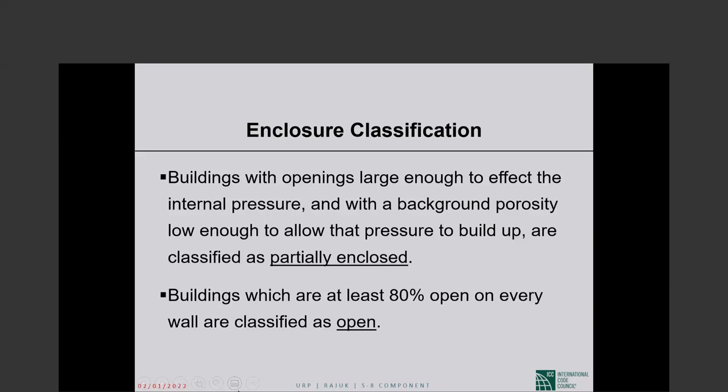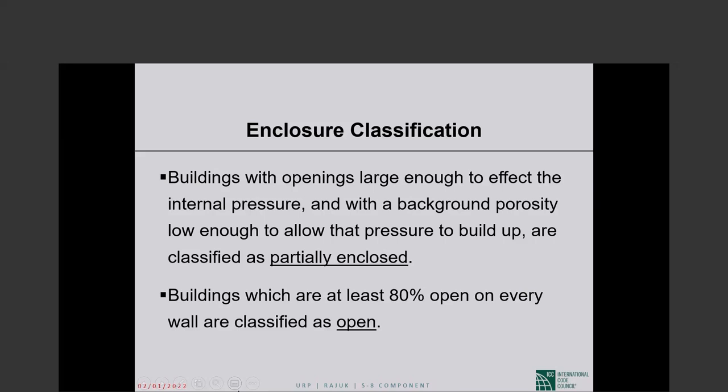An open building, and please listen to me very closely. At least I will not read the slides for this segment. So please listen to me. This is extremely important. So an open building is a building that has at least 80% of each face physically open.